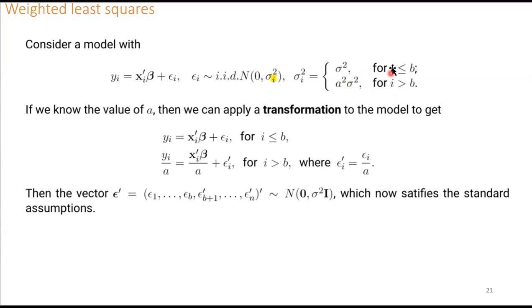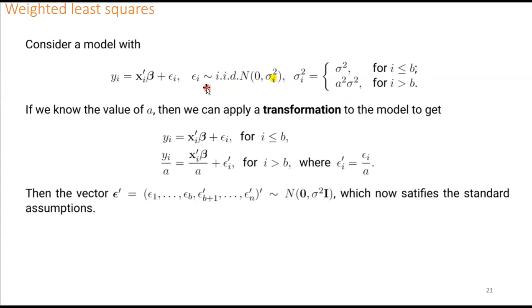So it's constant for i less than some value B of these observations, where of course B is less than N. And when i is bigger than B, it becomes this, where A is some constant which we know. So the problem here is heteroscedasticity, and that invalidates our hypothesis testing.